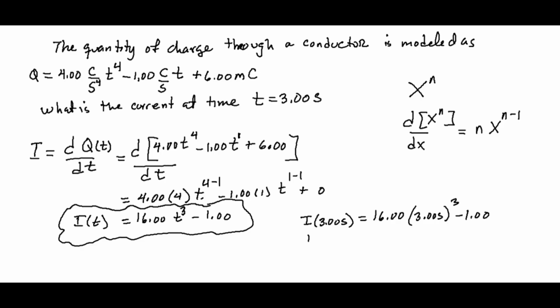At t equals 3.00 seconds, we calculated 432 here, minus 1.00, which is going to be, in this case, 431 milliamperes, or 0.431 amperes, or 0.431 amperes.